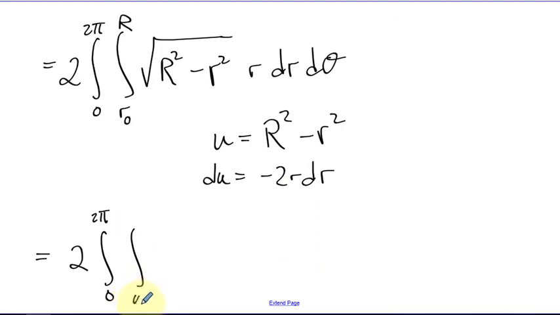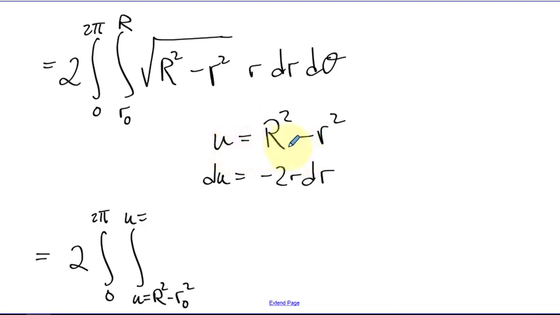Now, this is going to have to change the bounds. When r is r0, then the u is big R squared minus r0 squared. That's the value that I get for u. And when r is big R, what will the u value be?